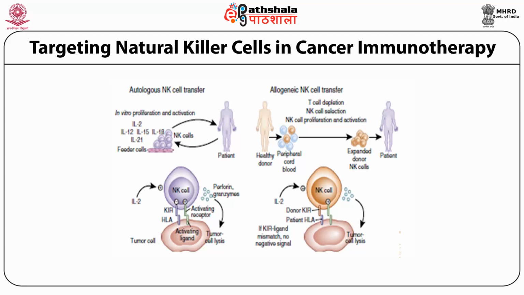Now enrichment of NK cells is generally achieved by magnetic depletion of T cells or selection of specific CD56 positive cells. Then these enriched NK cells can be expanded in vitro in culture for 1 to 3 weeks in the presence of IL-2 cytokine, with or without feeder cells which are engineered to express cytokines and co-stimulatory molecules.